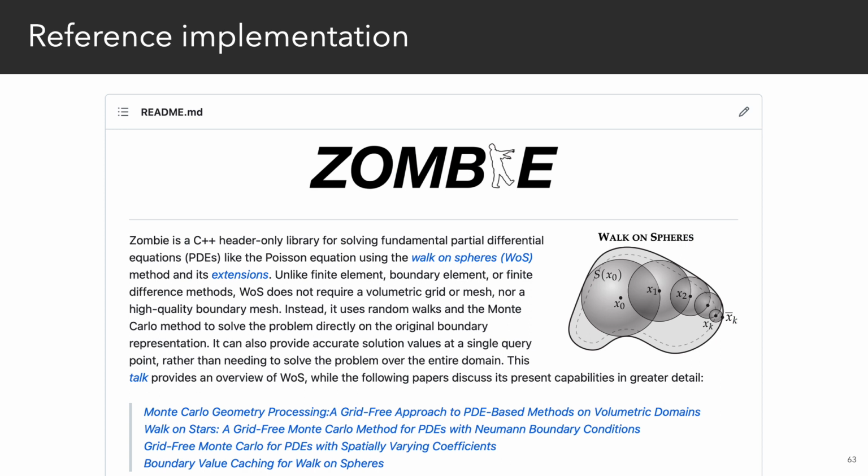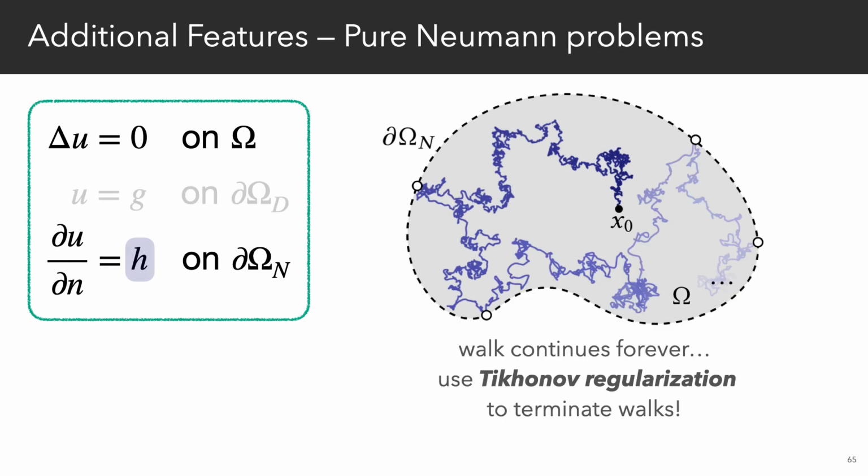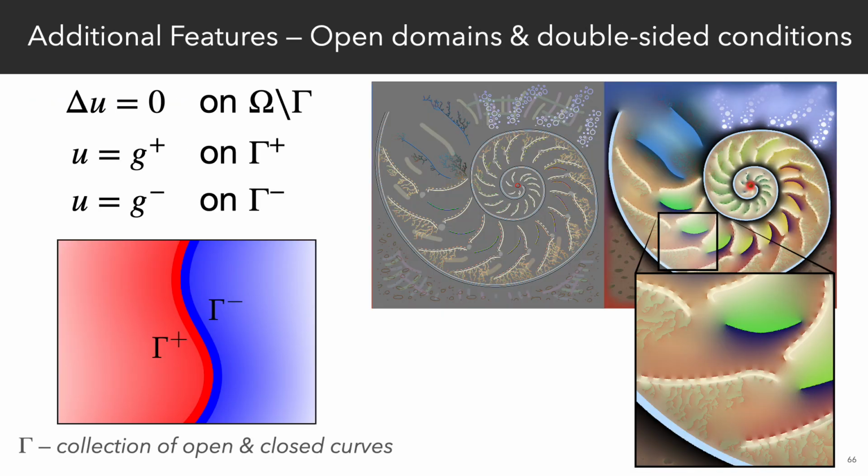We also have a reference C++ implementation with all of the additional features described in the paper, such as the treatment of non-zero Neumann conditions, where we now additionally pick up a contribution h with every reflection. There's also the treatment of pure Neumann problems, where we don't have a Dirichlet boundary to terminate on, as well as handling of open domains and double-sided boundary conditions, shown here in this example of a diffusion curves image with really intricate geometry.